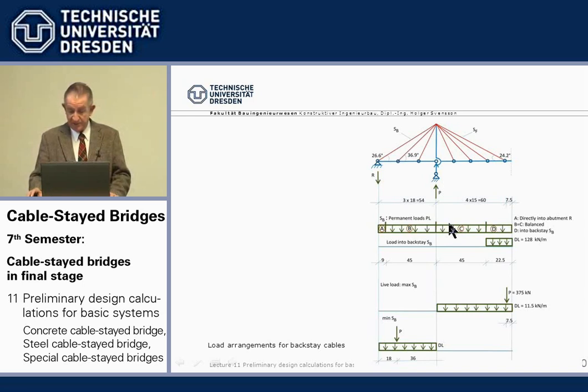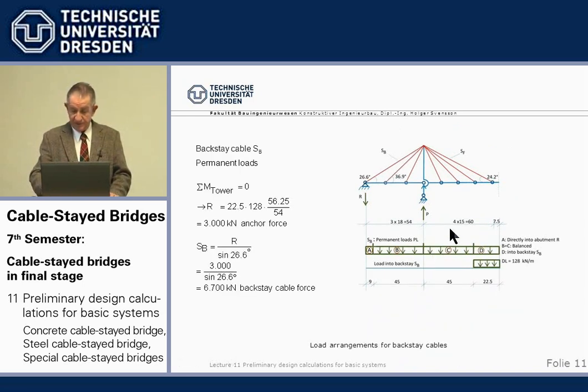Now we look into the dead load moment distribution and calculation of the backstay cable forces from dead load. Here we have spread out the dead load as it is on the beam. No discussion, that's there.